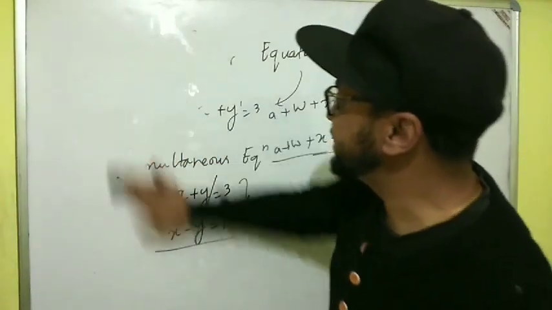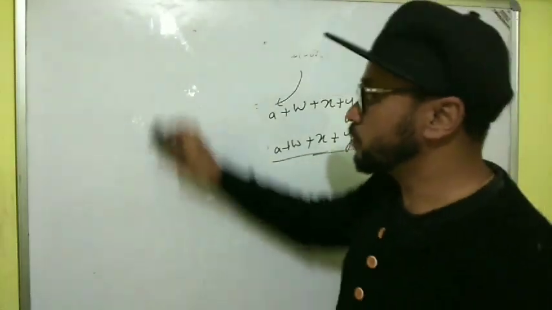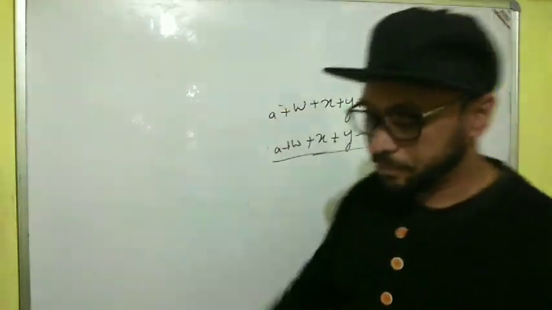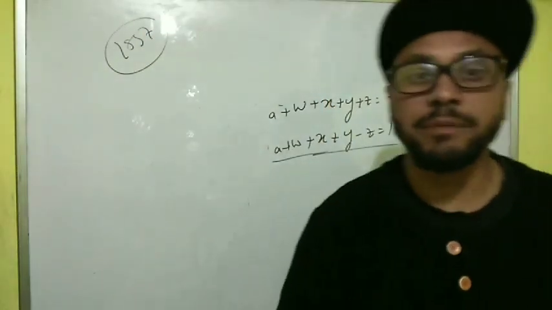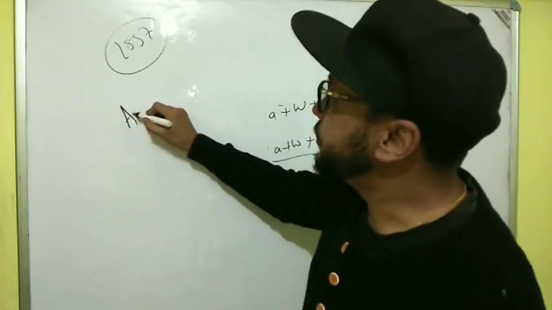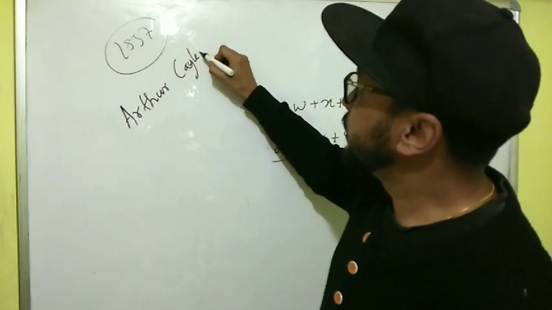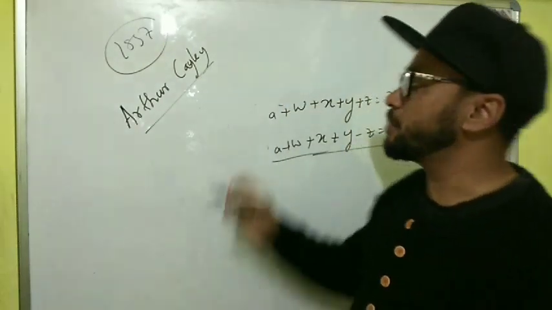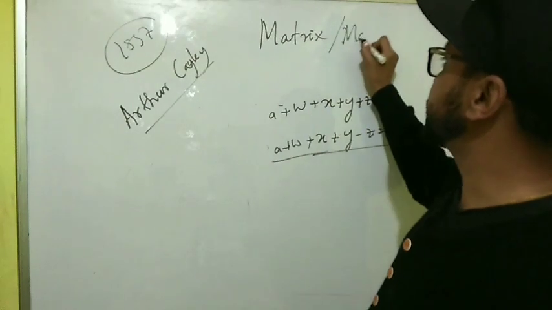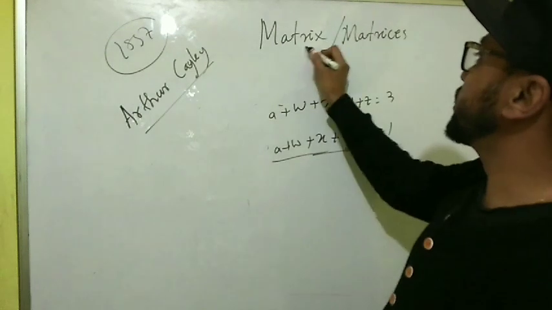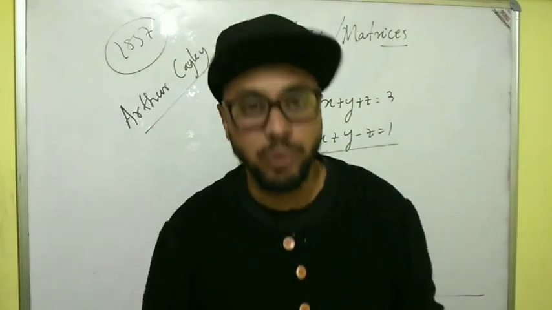That branch of math helps us find the value of the variables if there are more than 2, and that branch of mathematics is called matrix or matrices. Don't get confused: matrix is singular and matrices is plural.